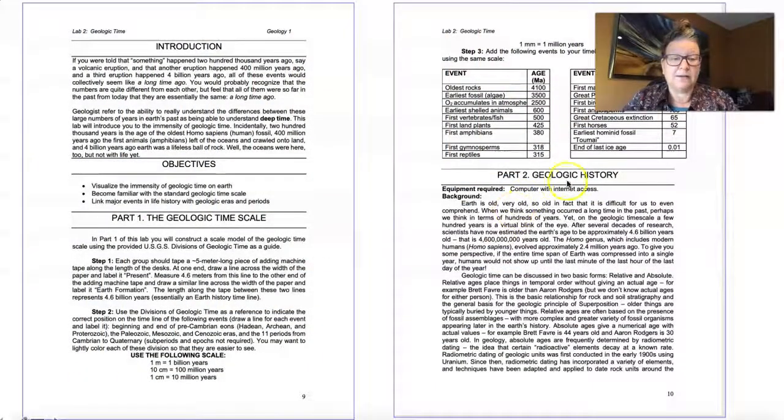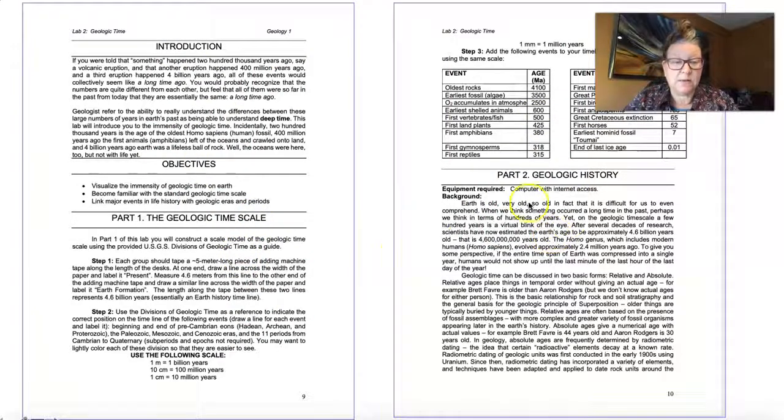And it's a pretty decent activity, but not if you have to do it by yourself at home. In fact, I don't really see how you could do it at home. So we're going to skip that, and we're going to go right to part 2. But there's still good information to read, and you could read through some of this.